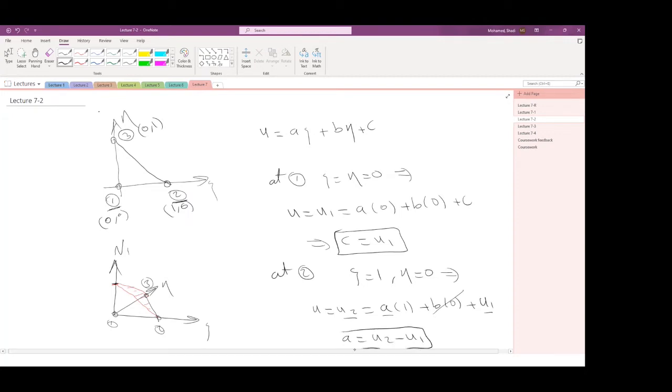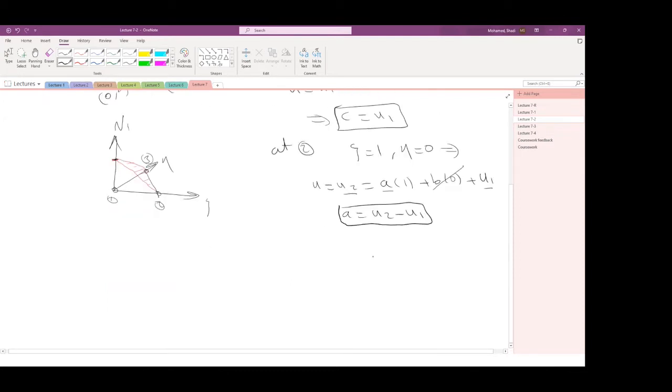And I've got my second unknown. Then at the third node, we have xi equal to 0 and eta equal to 1. In this case, u equal to u3 is equal to a multiplied with 0 plus b multiplied with 1, and instead of c, I'm going to write u1 because we know that this is equal to u1.